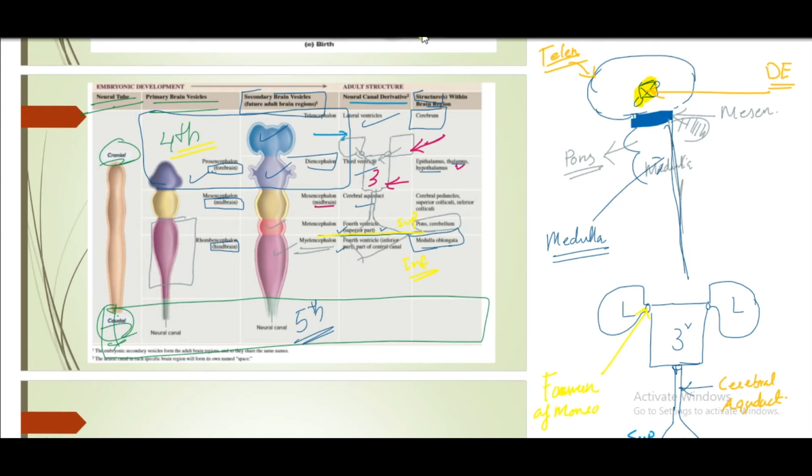In the midbrain you can see the cerebral aqueduct. The organs near the cerebral aqueduct are cerebral peduncles, superior colliculi and inferior colliculi. I will show you. And metencephalon, the pons or cerebellum, you can see the fourth ventricle superior part, and medulla oblongata you can see the inferior part of the fourth ventricle.